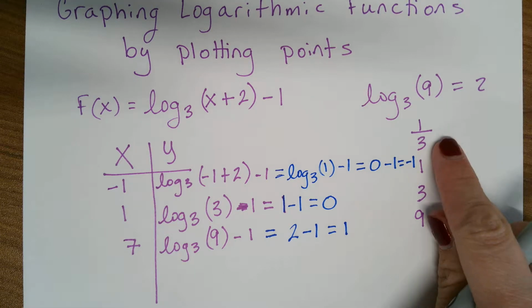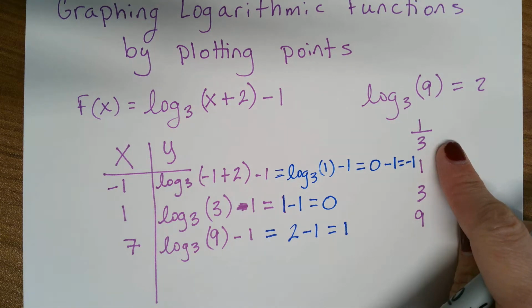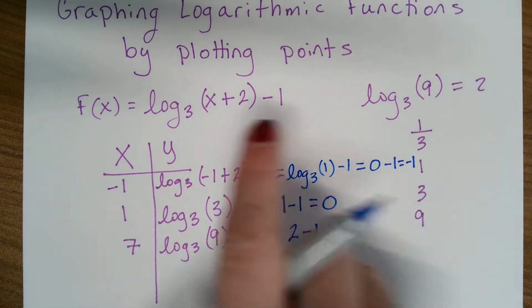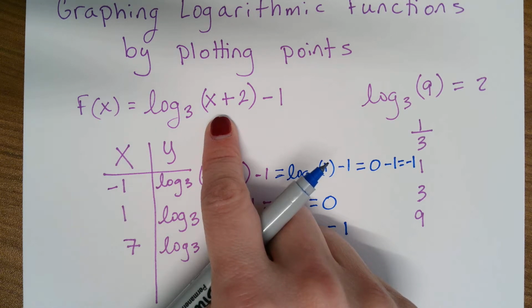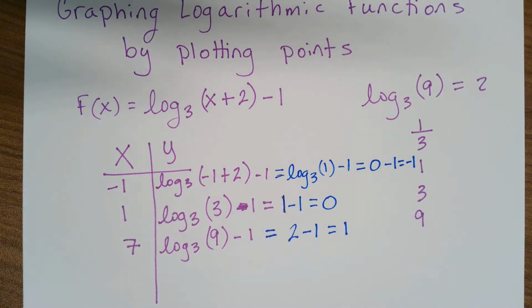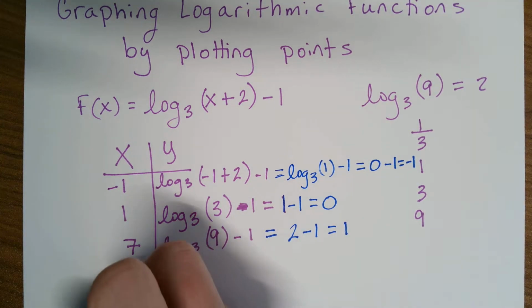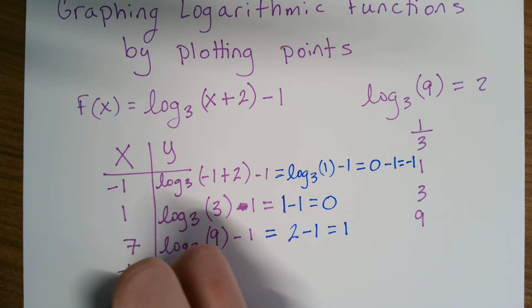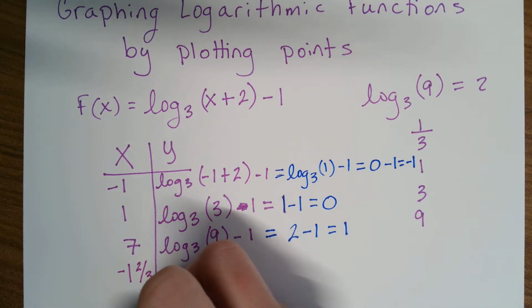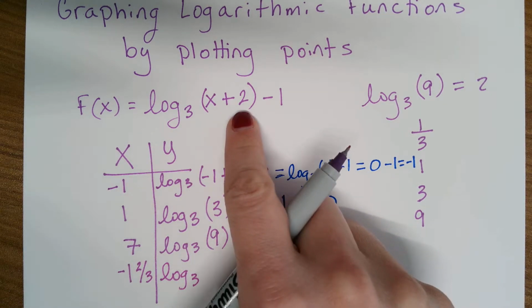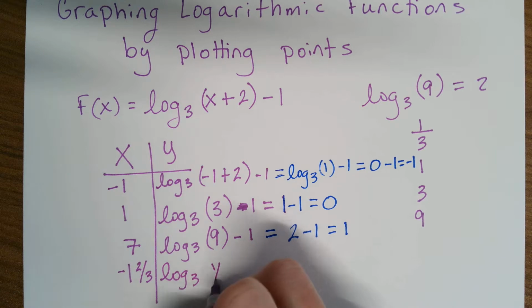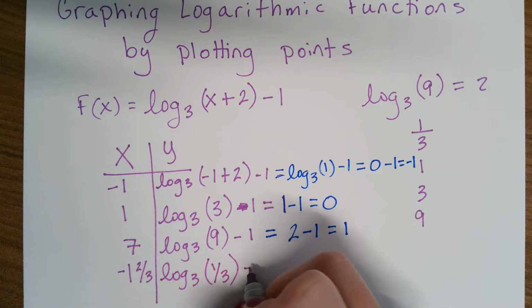And we can do one more. A third. I know that I could evaluate log base 3 of a third because I get 1/3 from raising 3 to some power. So what would I have to plug in for x to get a third? And the answer is -1 2/3. If I do -1 2/3 plus 2, I get a third back out. So if I plug in -1 2/3, then I'll get log base 3 of a third, and then -1.